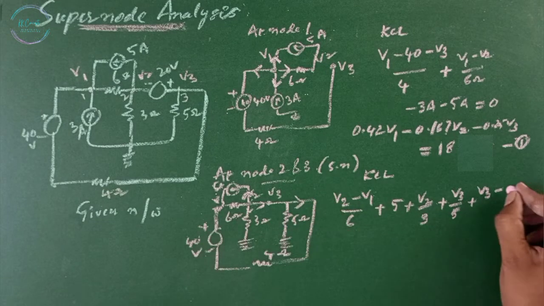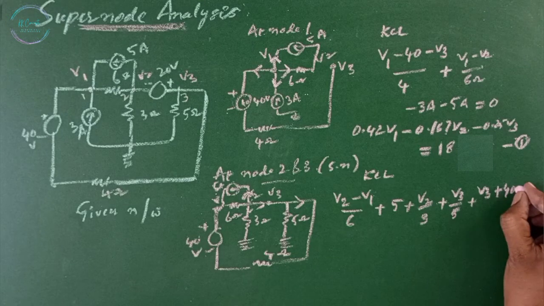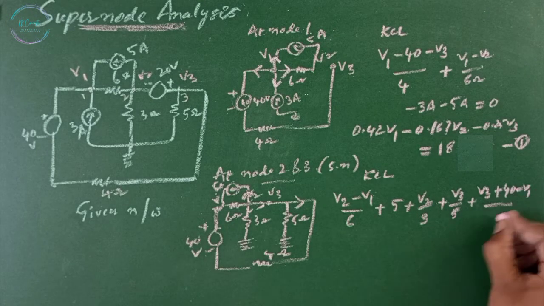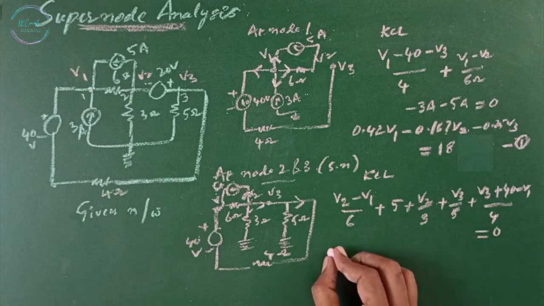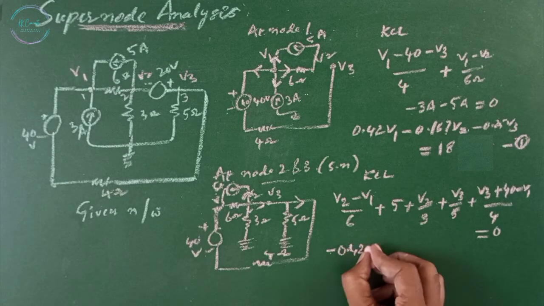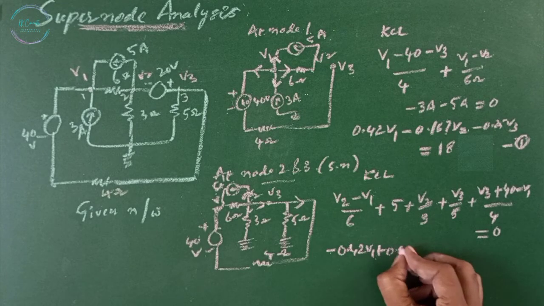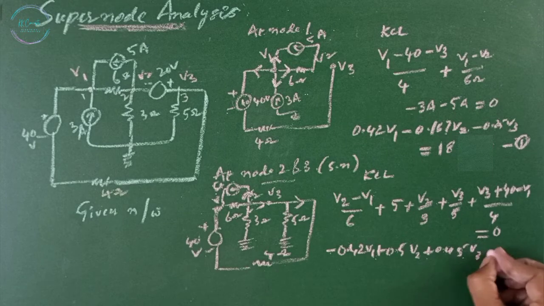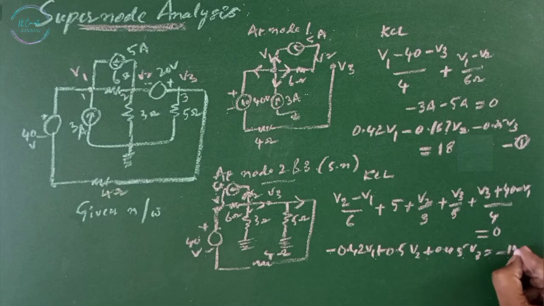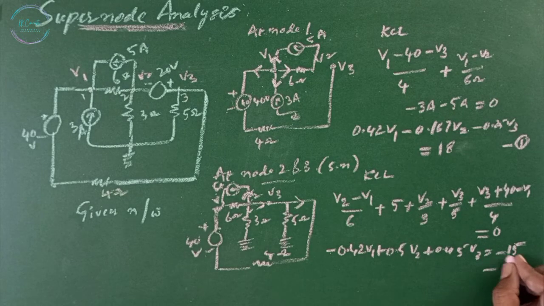So it is in the same direction of current. So plus (40 minus V1) divided by 4 equals 0. When you simplify this, you get minus 0.42 V1 plus 0.5 V2 plus 0.45 V3 equals minus 15. Let this be equation number 2.